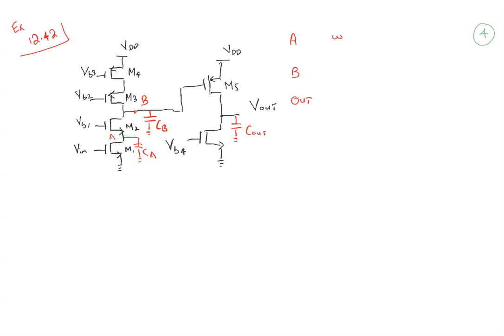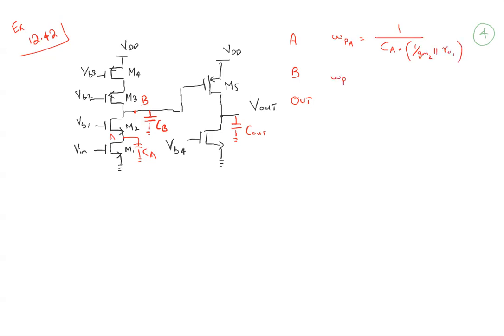If we want to write omega PA, which will be equal to capacitance CA times the impedance at this node. So if we take lambda equal to 0, or even if not, 1 over gm2 in parallel with ro1. Okay, so ultimately it will be 1 over gm2.